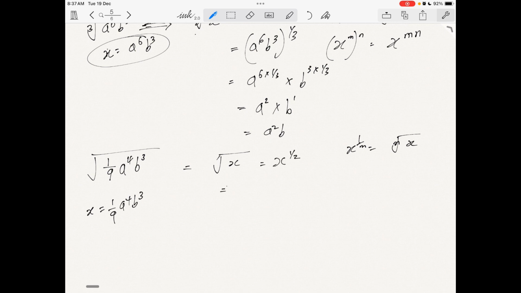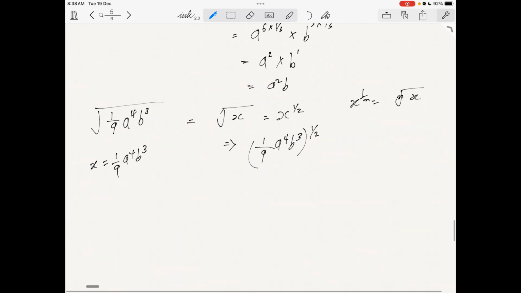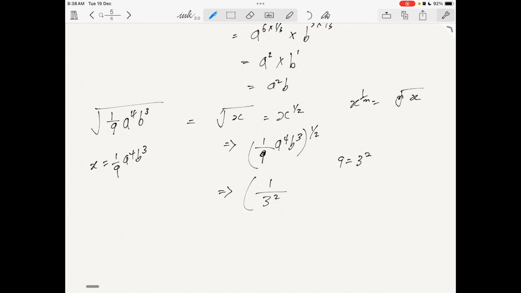So we have 1 over 9 a raised to power 4 b raised to power 3, everything raised to power half. We can now apply our power rule again. But before that, we know that 9 is equal to 3 squared. So I can substitute that and say 1 over 3 squared a raised to power 4 b raised to power 3, all raised to power half.